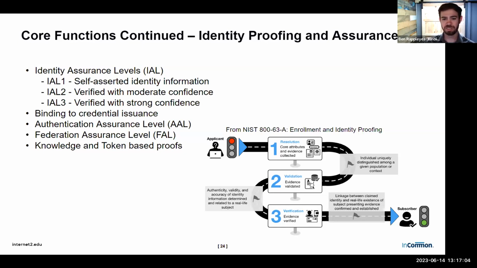And we make sure that the information we have is true, correct, current, and linked to a real life subject. Claimed identity and a real life subject submitting a request are compared and confirmed. So I'm walking through this real quick. Resolution. So we gather the information. They say this is me. We verify it, and then we link them to the service that they need.